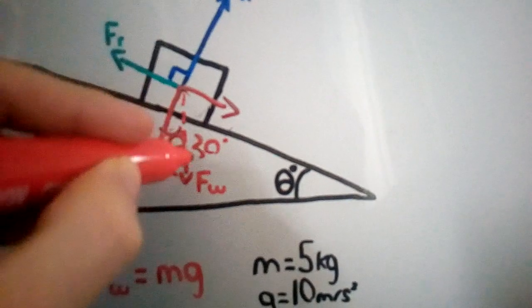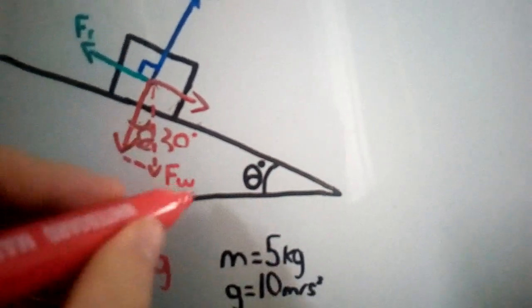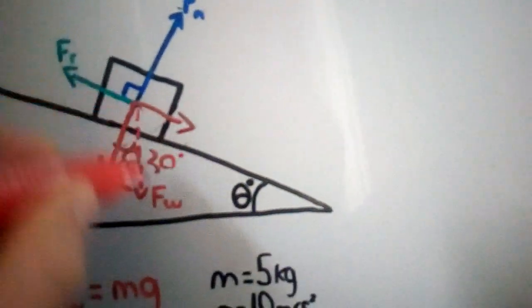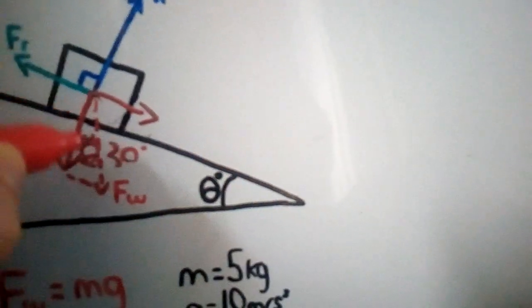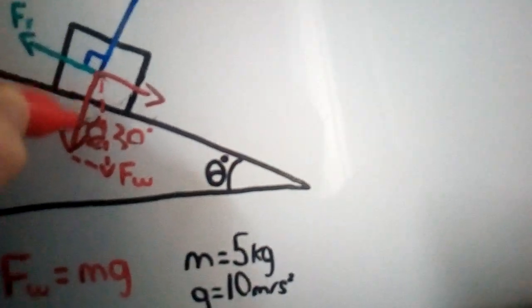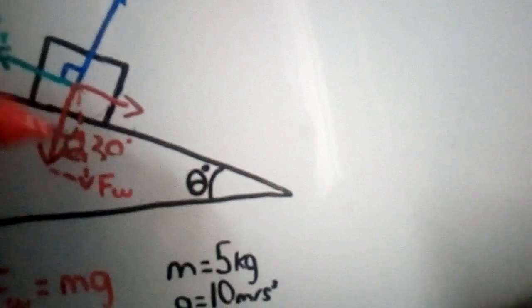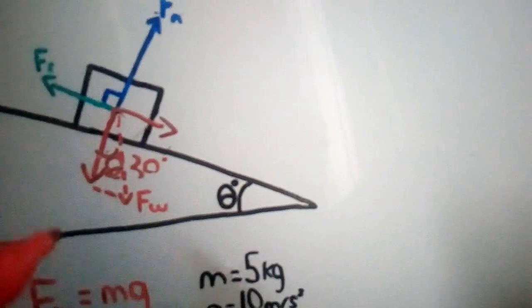And the reason this is 30 degrees quickly is that if this was a triangle, this would be 90, that's 30, so this is 60. If this is 60 and this is perpendicular to the slope, this has to add up to 90 degrees. I've already got this at 60, so this one here has to be 30 degrees by default, the same as this.